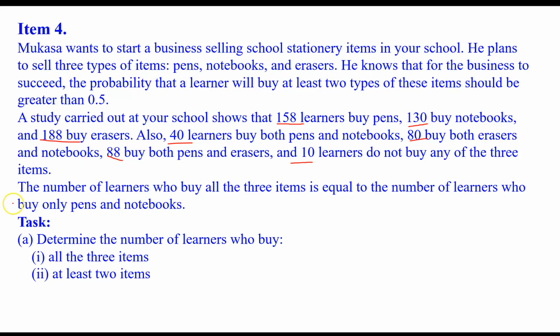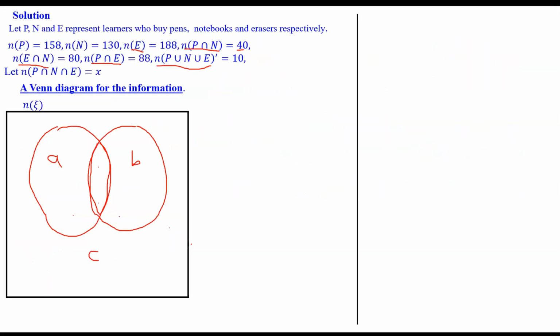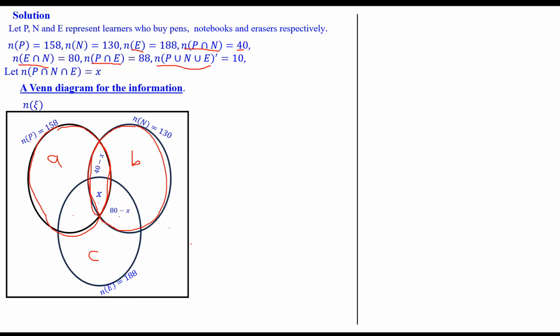Look here, they had said that the number of learners who buy all the 3 items is equal to the number of learners who buy only pens and notebooks. So we are going to interpret that statement also, and see how it helps us.